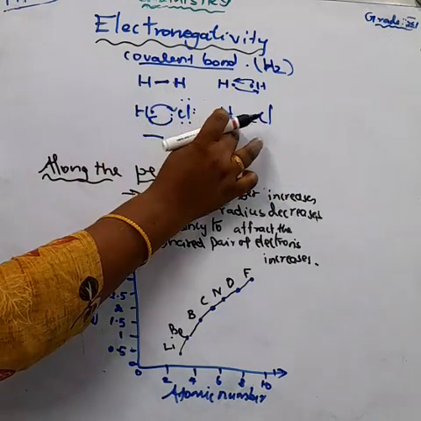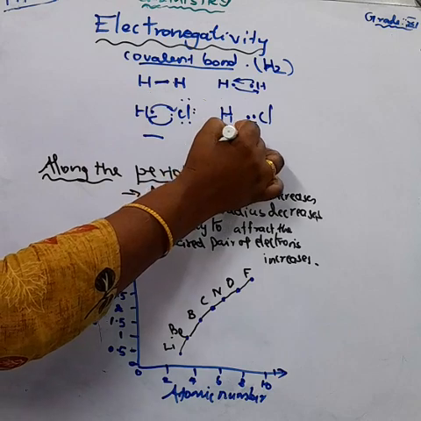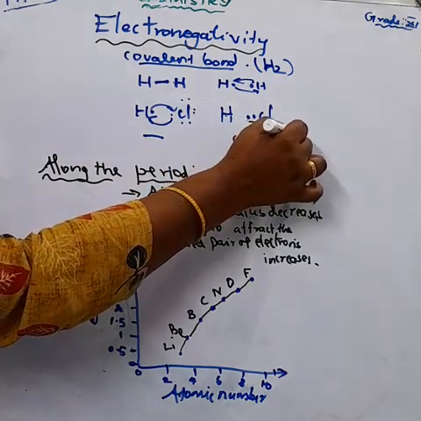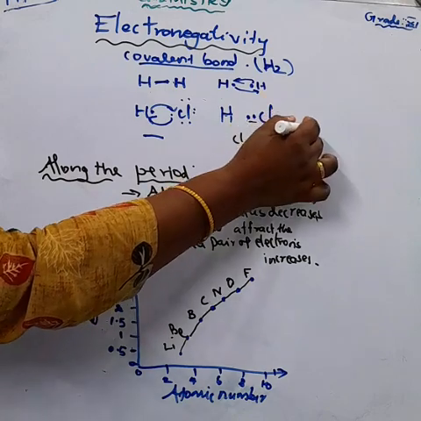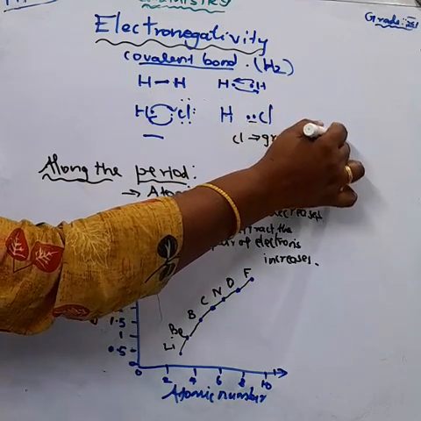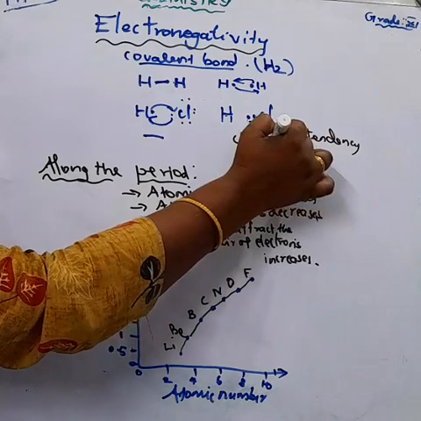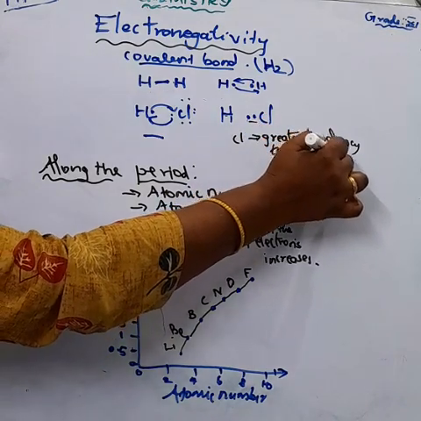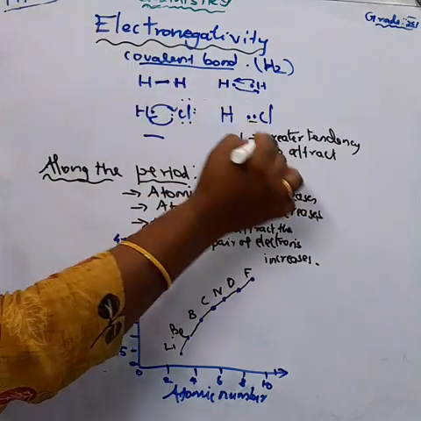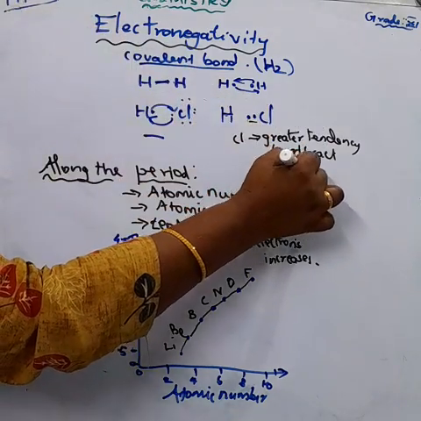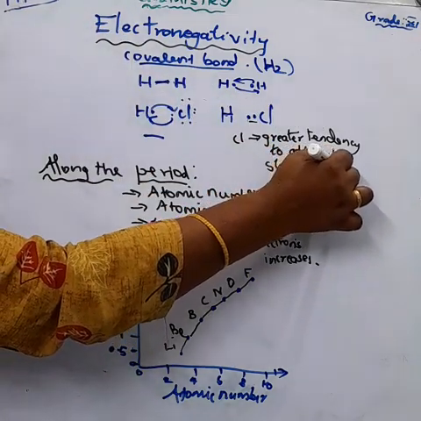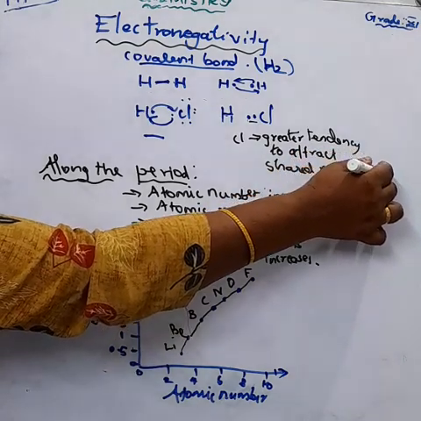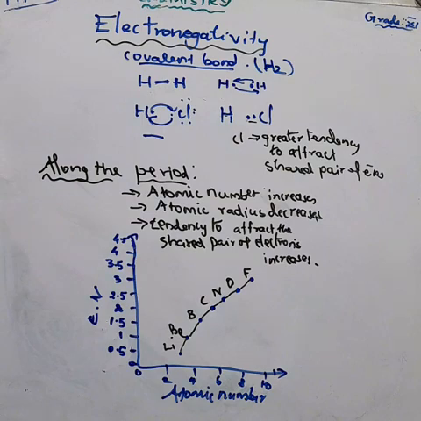This is explained by saying that the chlorine atom has a greater tendency than the hydrogen atom to attract the electron pair shared between them towards itself. The hydrogen atom is the less electronegative atom.